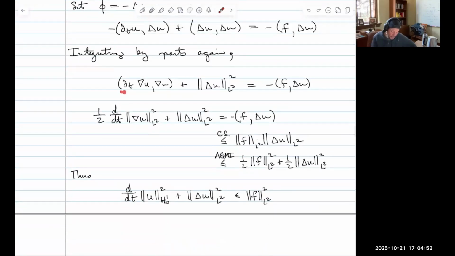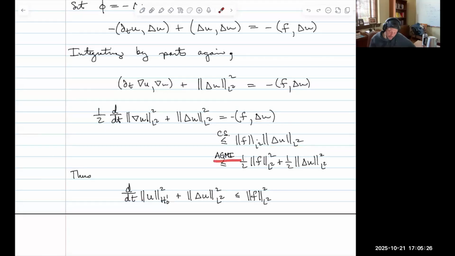I can show, like I did above, that this is just equal to 1/2 the time derivative of grad u, grad u, or in other words, the time derivative of the L2 norm of grad u squared. This is the L2 norm of Laplacian u squared, and that is what it was. Now we're going to do our old analysis stuff. So I'm going to do Cauchy-Schwarz, breaking that up into an L2 norm of f and an L2 norm of Laplacian of u.